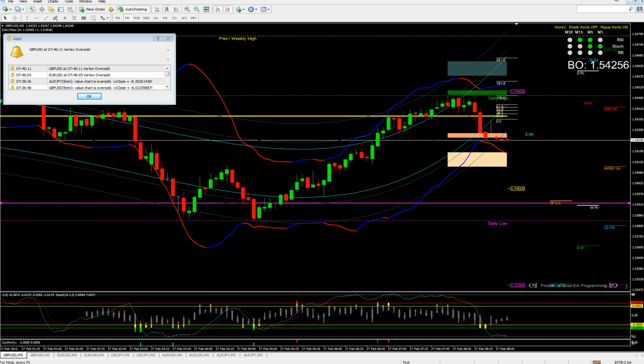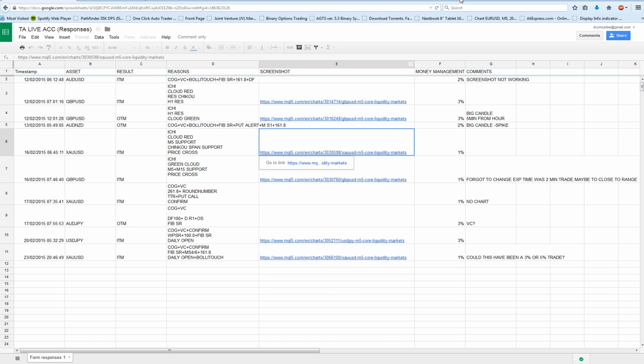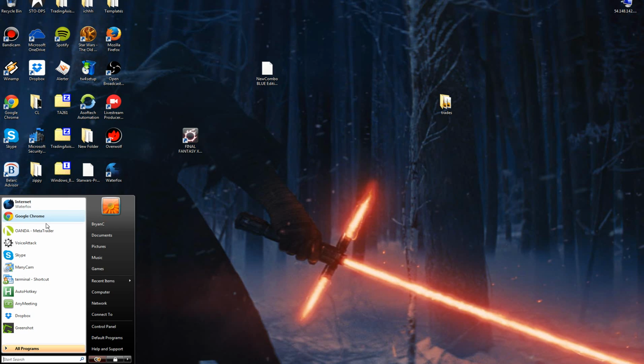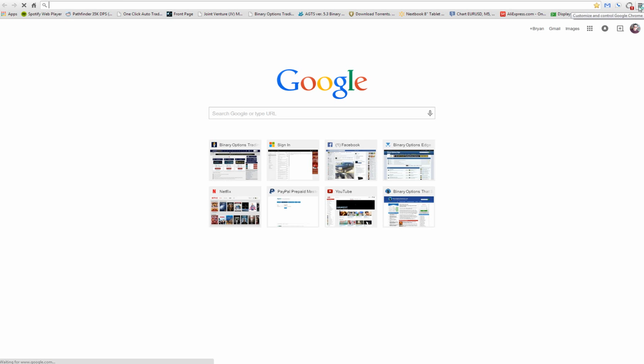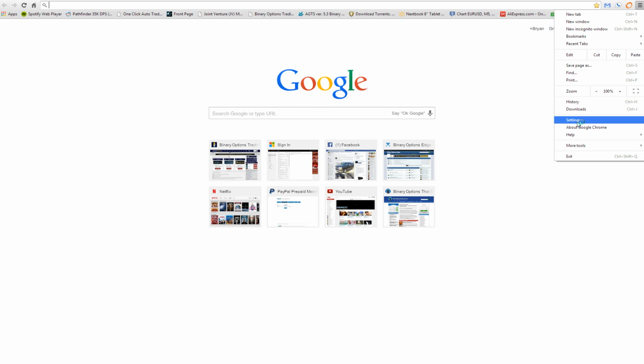Give me a second. Just in case it's the browser that I'm trying, let me switch over to Chrome real quick and make it default. Wait, cancel. Let me save this link though. Okay, I'm going to make Chrome the default. Settings.